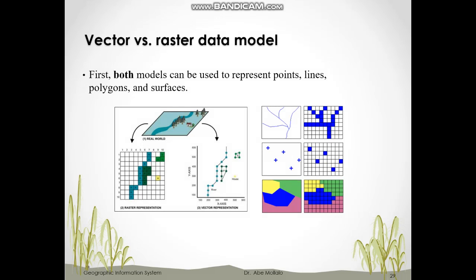The difference between raster and vector is that the vector data model uses pairs of coordinates to represent points, lines, and polygons, but the raster data model uses grids of cells to do the same thing. That's the major difference between the vector and raster data model.